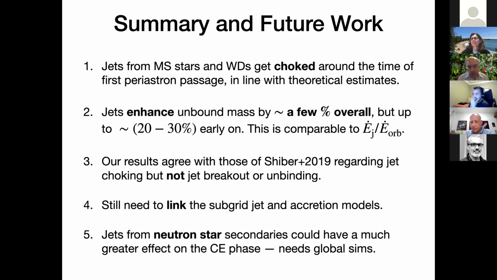Yeah, so I think we do find that more unbinding happens. I mentioned that 20 to 30% right at the beginning before it plunges in. And that is the very early phase when it's just near the surface of the envelope. At that point, this is still comparable to Ė, the jet power divided by the rate of release of orbital energy, because it's not falling in very fast at that point.